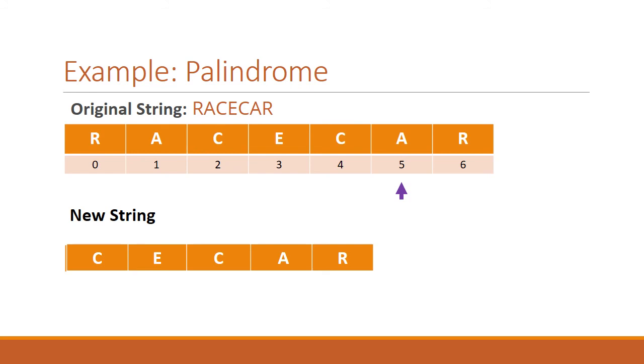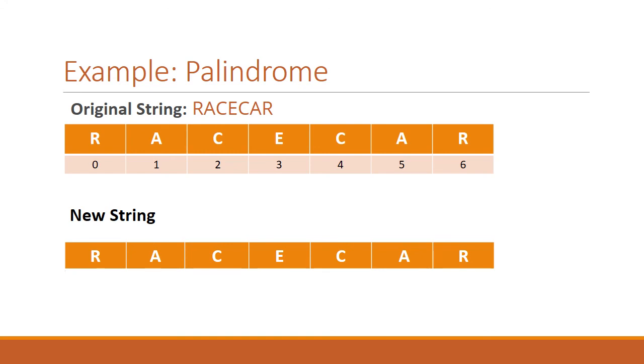The value of the new string is equal to ACECAR. And finally, the last character in our original string, which is R, is appended to the beginning of the new string, making the new string equal to the value RACECAR.